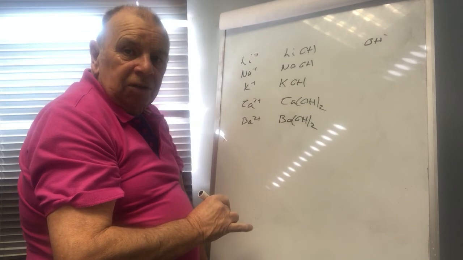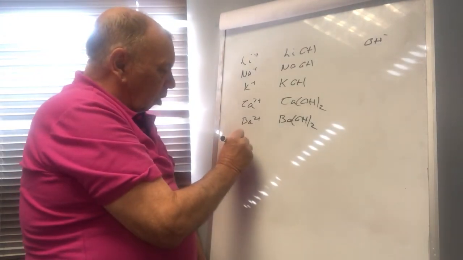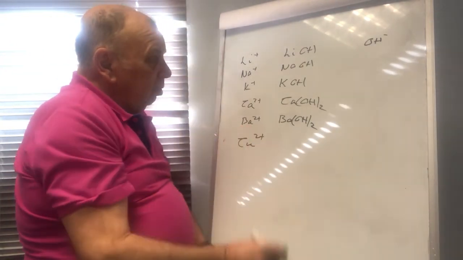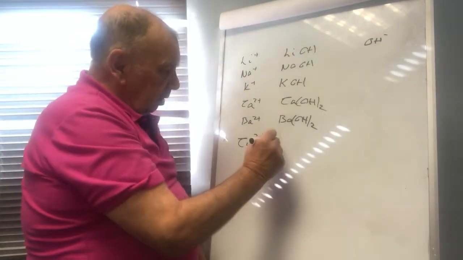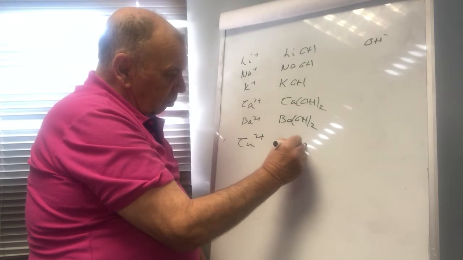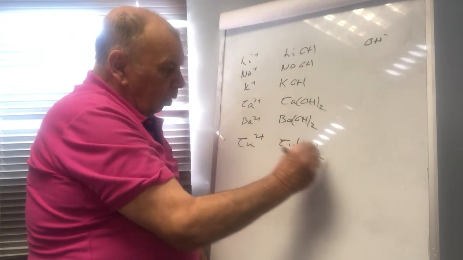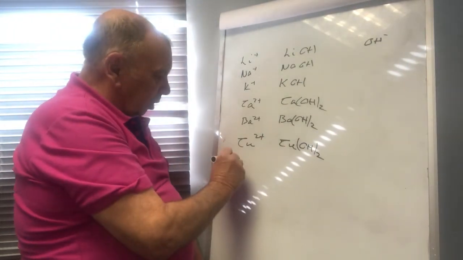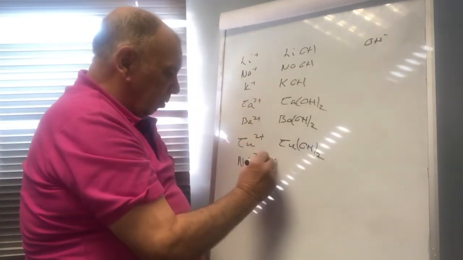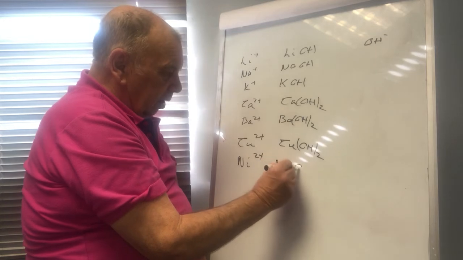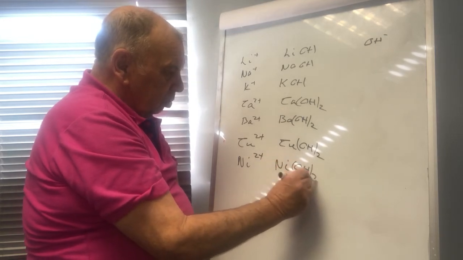And if I said I got something like copper 2+, what is the formula of copper hydroxide? It would be Cu(OH)2. Nickel hydroxide, Ni2+, hydroxide's 1, so therefore it would be Ni(OH)2.